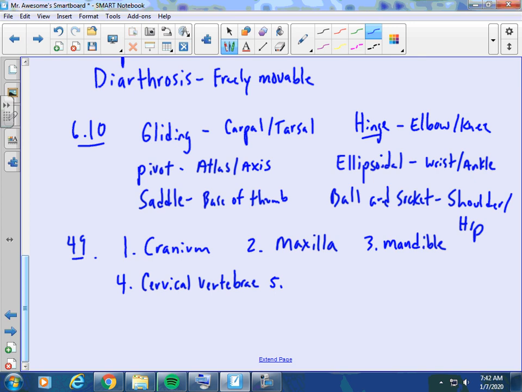Number 5 is going to be the clavicle. Number 6, upper arm, is going to be the humerus or funny bone. Number 7 in the chest is the sternum. And number 8 is going to be ribs.